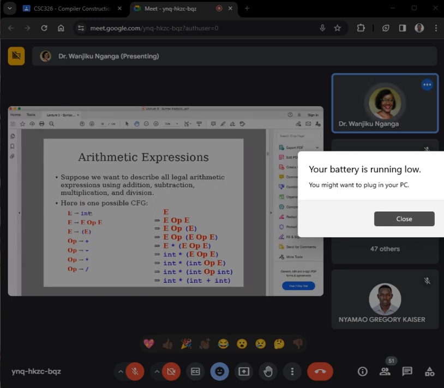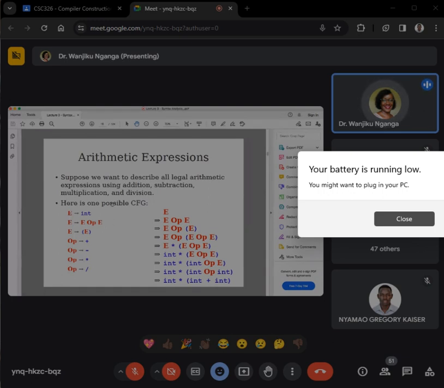Whatever is in blue and lowercase is a terminal symbol, and whatever is in red and uppercase is a non-terminal symbol. The other option is that an expression can be written as an expression, an operator, an expression, or an expression in brackets. For operators, we have four different types: an operator can be written as a plus, a minus, a times, or a division.